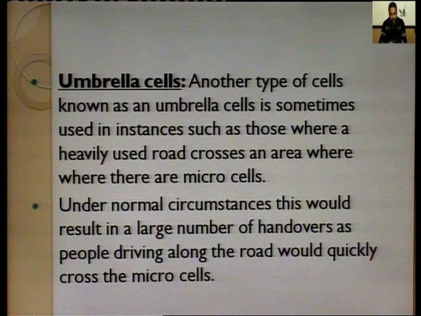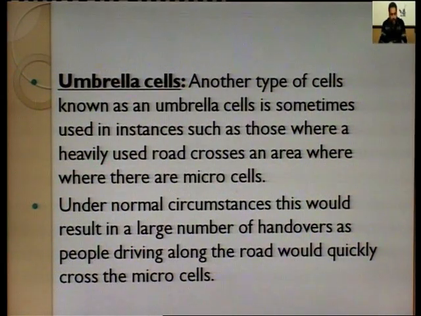Suppose a remote or less populated area is served by normal cells, and a road crosses it with heavy traffic. Due to the heavy traffic, the number of people using mobile phones will be more on that road. Under normal circumstances, this would result in a large number of handovers. If on that road we do not use umbrella cells, then there will be drops and handovers. Handovers we will discuss in the next slide.